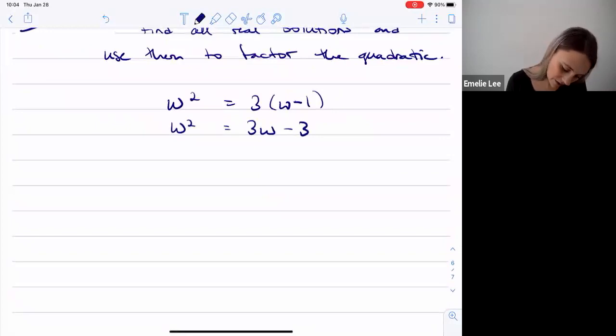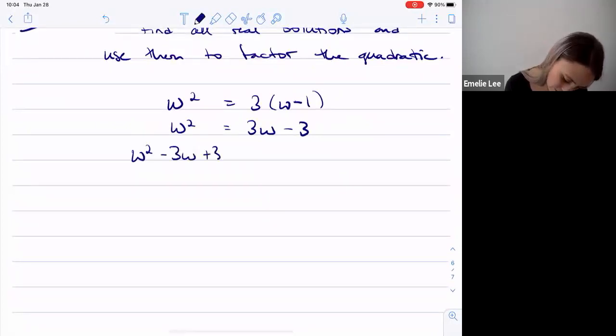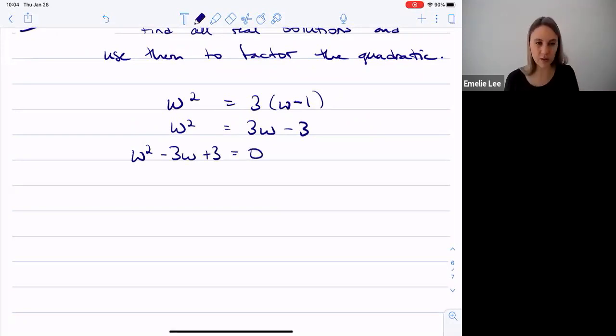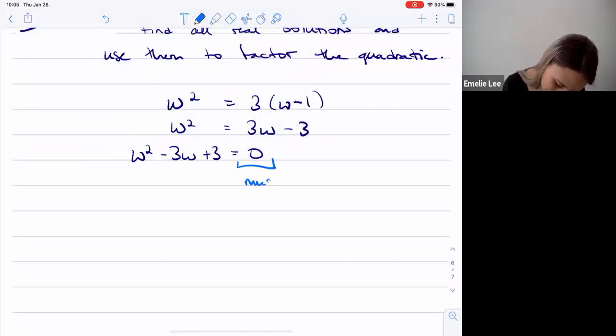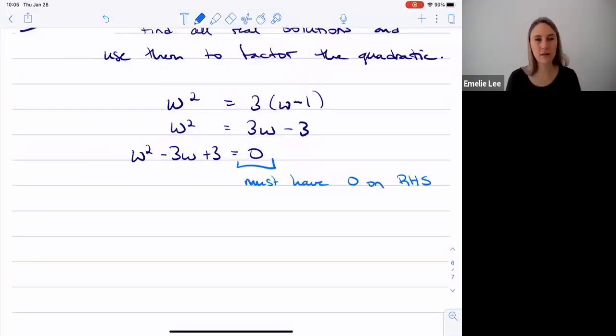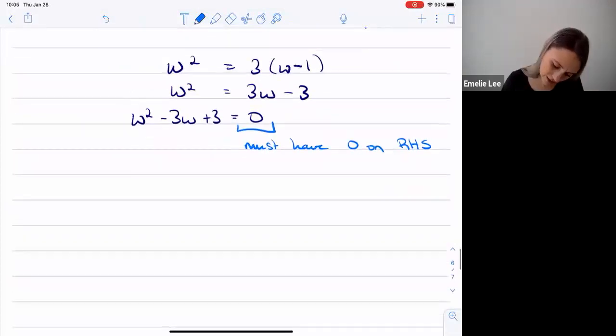So moving everything over, I get w squared minus 3w plus 3 is equal to 0. Right, just kind of move everything over. And once you've subtracted 3w and you've added 3, you're left with 0 on the right-hand side. Must have 0 on the right-hand side. Are you guys okay with that?